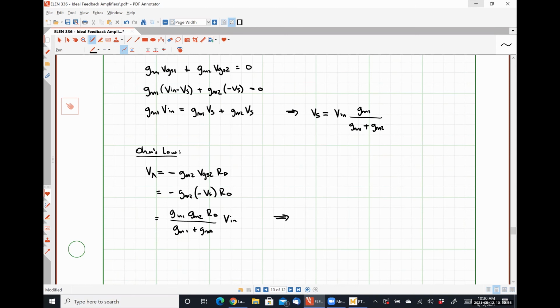And from here, we can get our transfer function Vx over Vn is GM1 GM2 RD over GM1 plus GM2. So our first stage is analyzed. Everything is hunky-dory, all right?